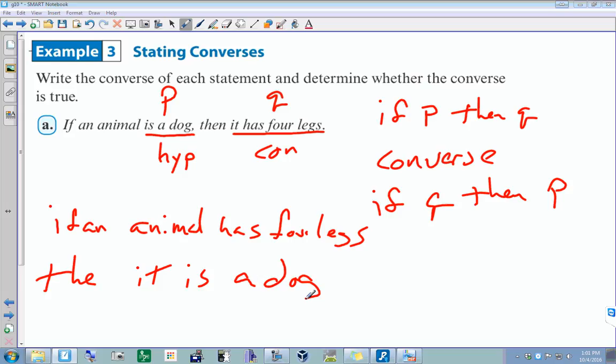So let me ask you this. What is the square root of 4? What number squared is equal to 4? Negative 2. Yeah, if I take 2 squared, I get 4. If I take negative 2 squared, I get 4. But why is it that when I take the square root of 4, I only get 2?